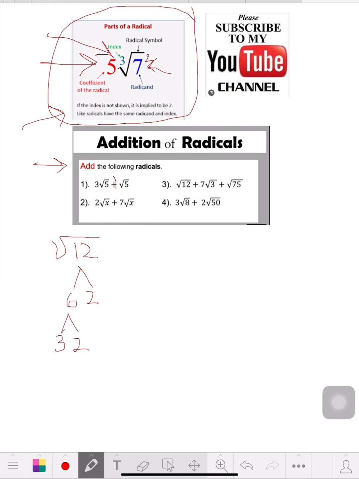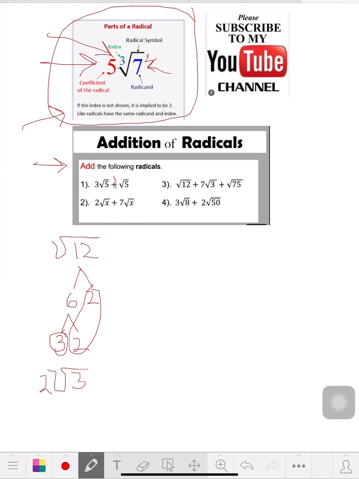I got a pair of 2s, and I got one 3 here. So what that tells me is outside on this one, I got 2 times the square root of 3. And that's it. That's simplified.